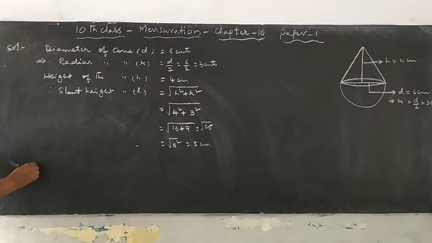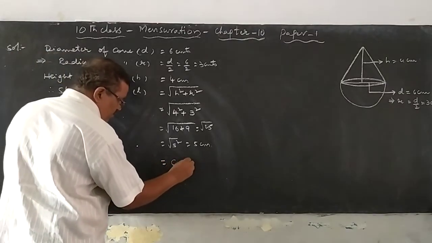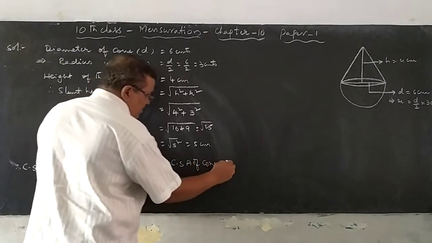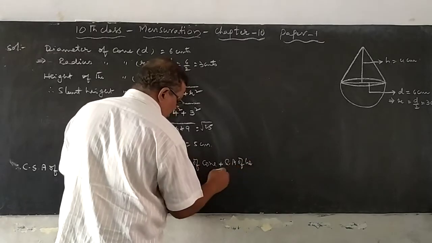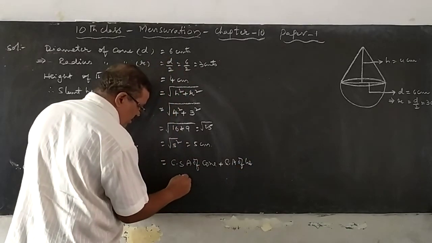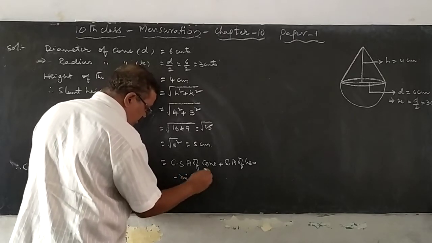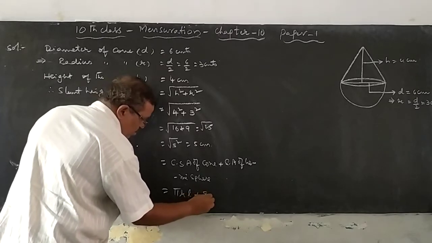Therefore CSA of the toy is equal to CSA of cone plus surface area of hemisphere. That is pi r L plus 2 pi r square.